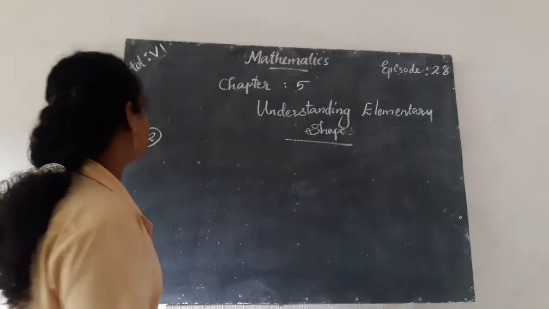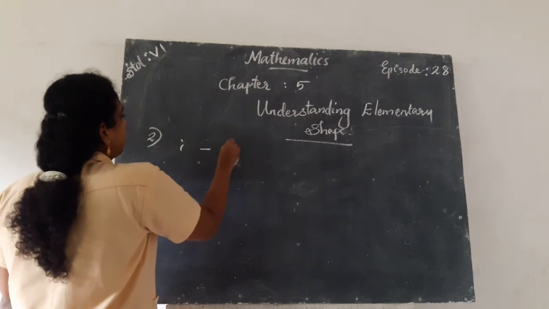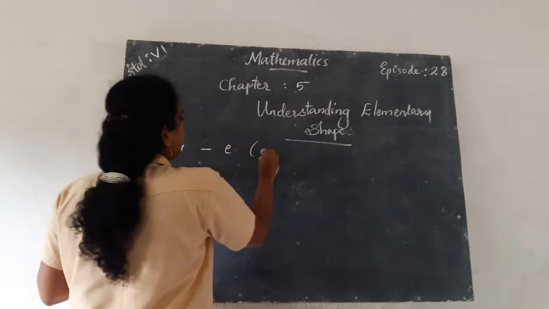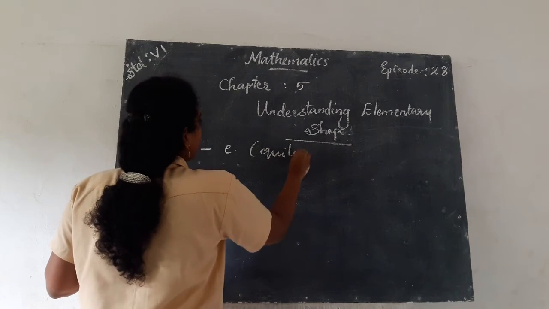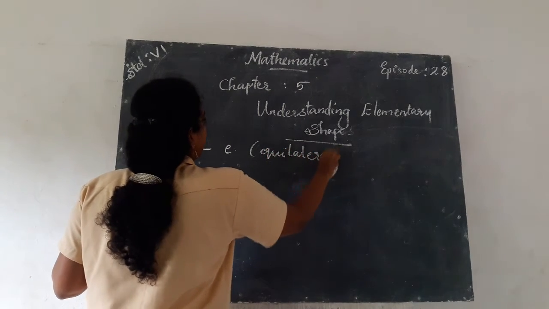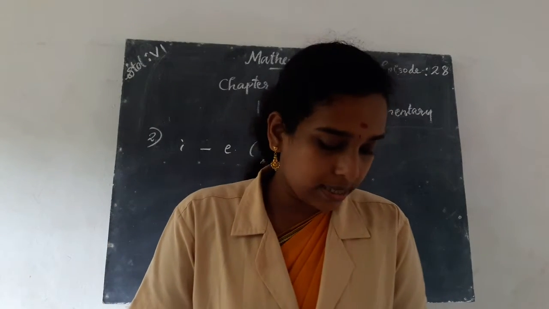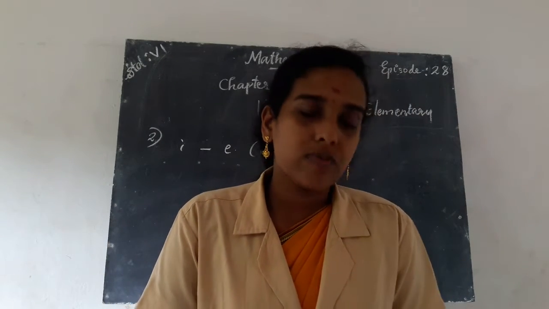So the first question is matched with E, equilateral triangle, in the second column, that is the column of types of triangle.